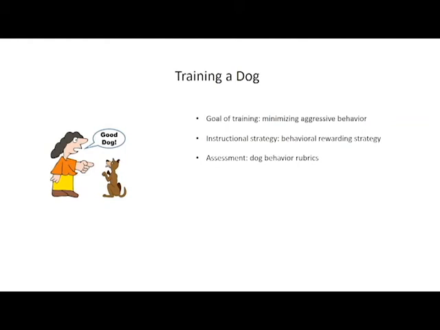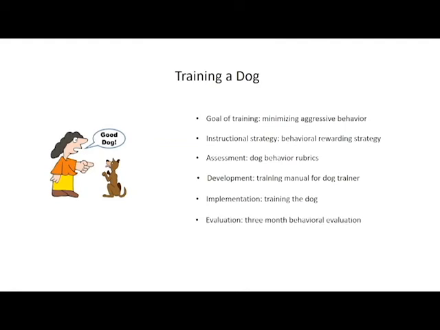Based on the outcome of design phase, that is instructional strategy and assessment, the next phase involves development, developing training manual for dog trainer. The next phase involves implementation, which means an actual training the dog.